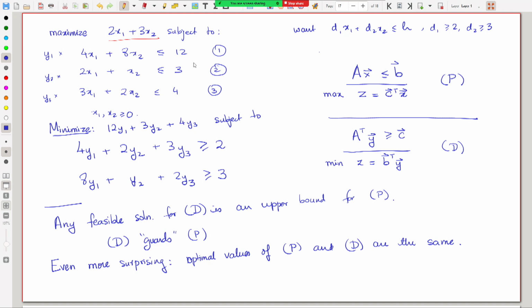I understood that the solution will exist if the D has a minimum solution. Right. But the optimal values are the same, no, I am not saying it's obvious at all. So that requires a proof. The fact that the optimal values are the same requires a proof, and that we will do.